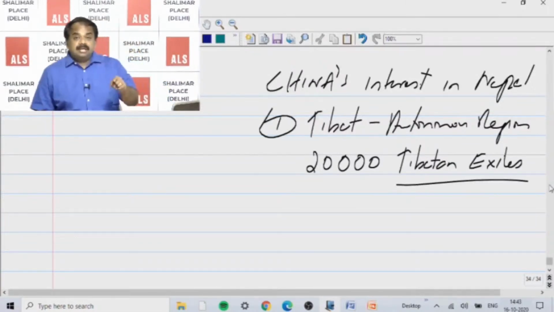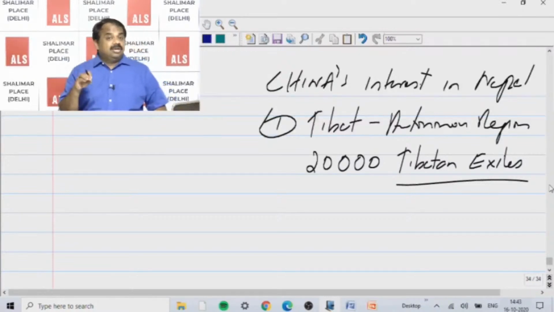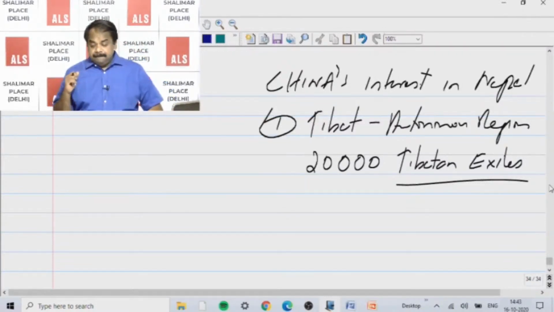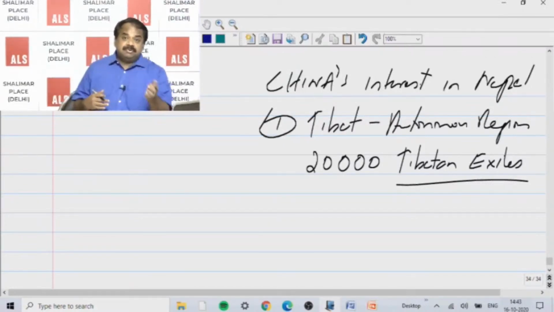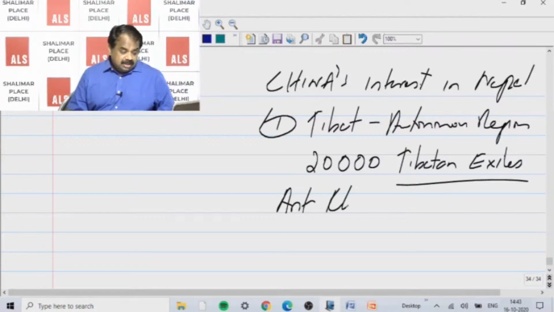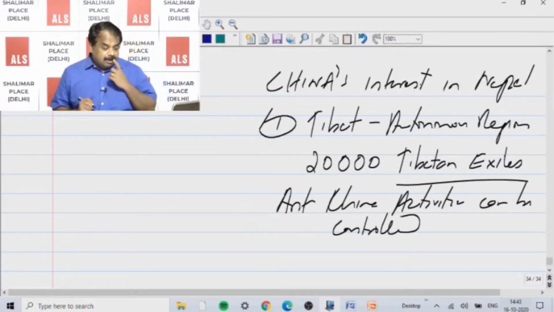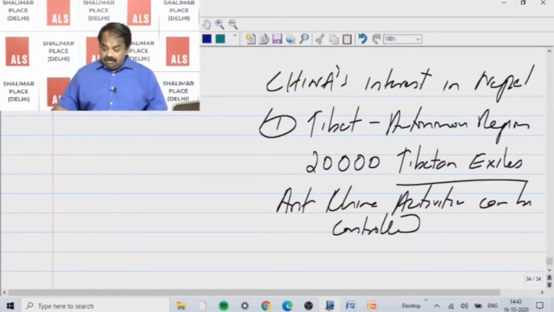That is why China was very keen to have this extradition treaty, and also if Nepal is in good humor, the anti-China activities can be controlled. So the first interest is that anti-China activities can be controlled.